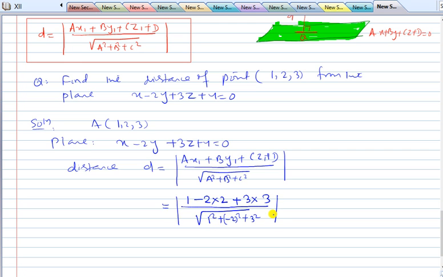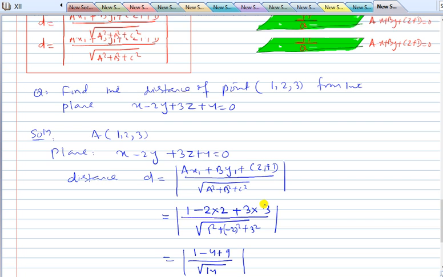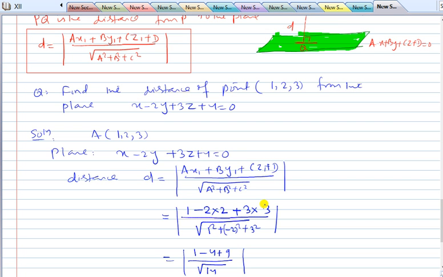I will take the modulus of that. So it is 1 minus 4 plus 9 divided by root under 14. So this is 6 divided by root under 14 units. Okay, so this is how we find the distance of the point from the given plane.